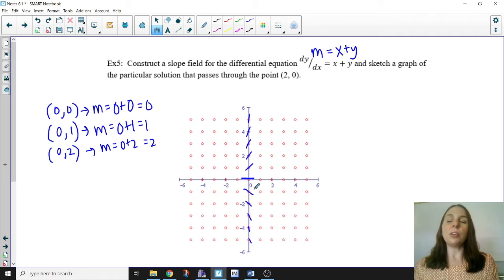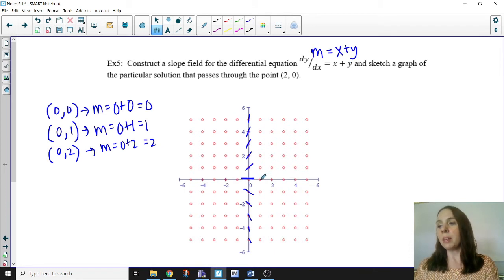Now from here, you can decide, do you want to do another column or do you want to try to find a diagonal of all of the same slopes? Because sometimes you can find that. Here's what I mean. If you're adding x and y, then anywhere that you have opposites, like 1 and -1, 2 and -2, you're going to have a slope of 0 there, right? 1 plus -1 is 0, 2 plus -2 is 0.